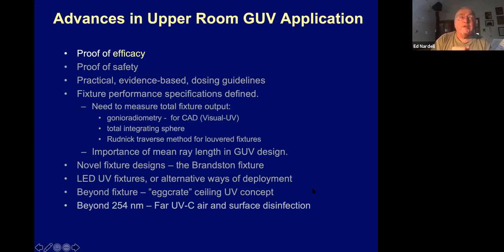You can show that the ventilation system is better. And for UV, it's also hard to show that it works in any given setting. All we can do is say, well, we're meeting the specifications that are known to be effective. My computer seems to be having a hard time going to the next slide. I can tell you what it shows.